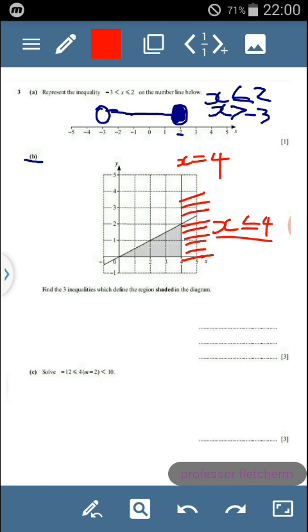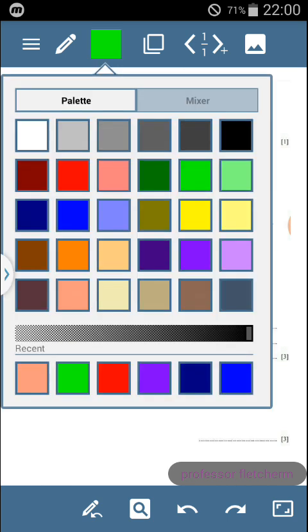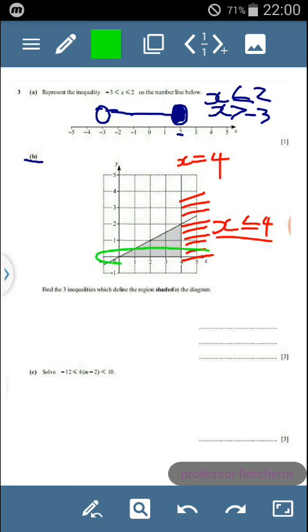For inequality number 2, let me put a green color, which will be this one. Again, that one is on the y-axis. This is a very simple one. It shows that y is equal to 0.